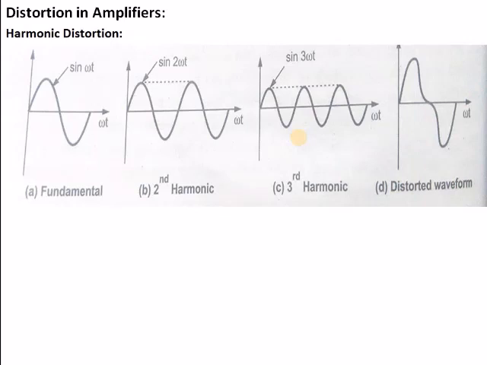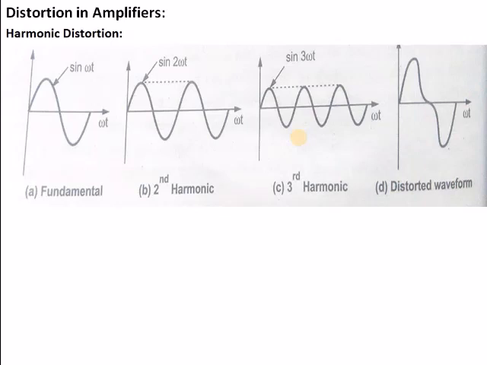Let us see what harmonic distortion is. The presence of frequency components in the output waveform which are not present in the input signal are called harmonic distortions. The component with the same frequency as the input signal is called the fundamental signal, and the components which are not present in the input but are present at the output are called harmonics.